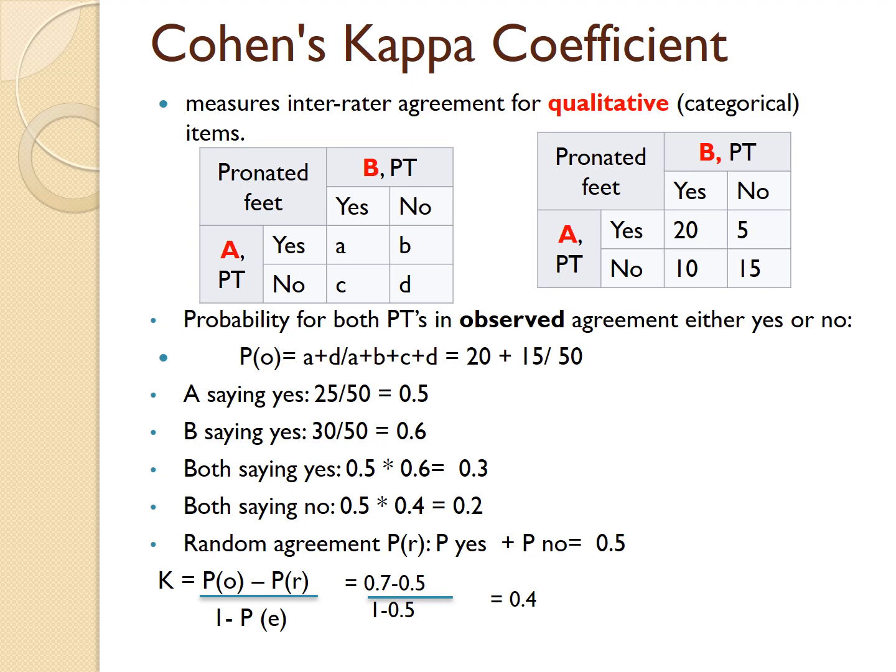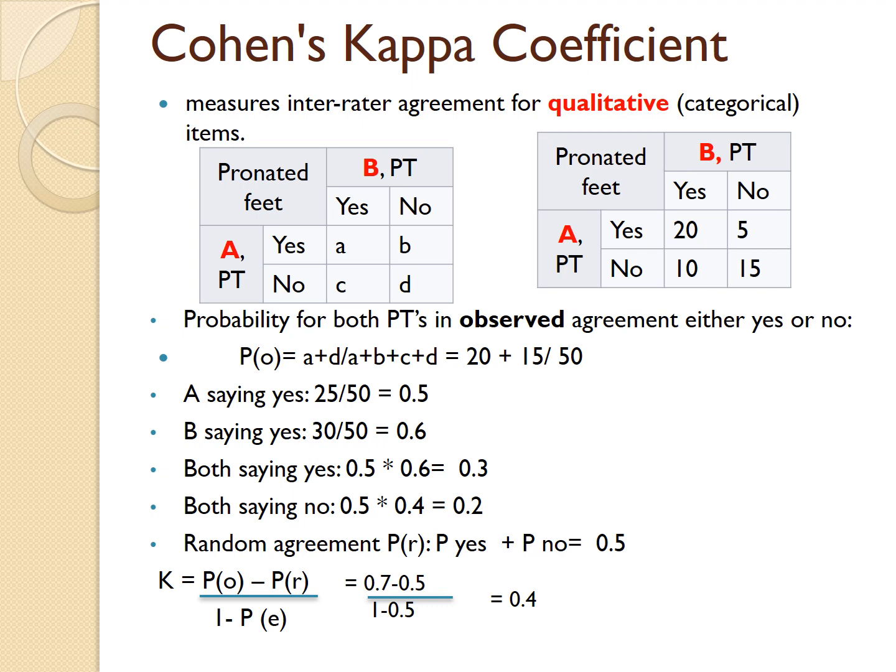Basically, we multiply the probability of A saying yes and the probability of B saying yes, and that makes 0.3. And the probability of both saying no: APT saying no is 25 out of 50, and BPT saying no is 20 out of 50. The values become 0.5 and 0.4, we multiply and the value is 0.2 when both PTs say no.